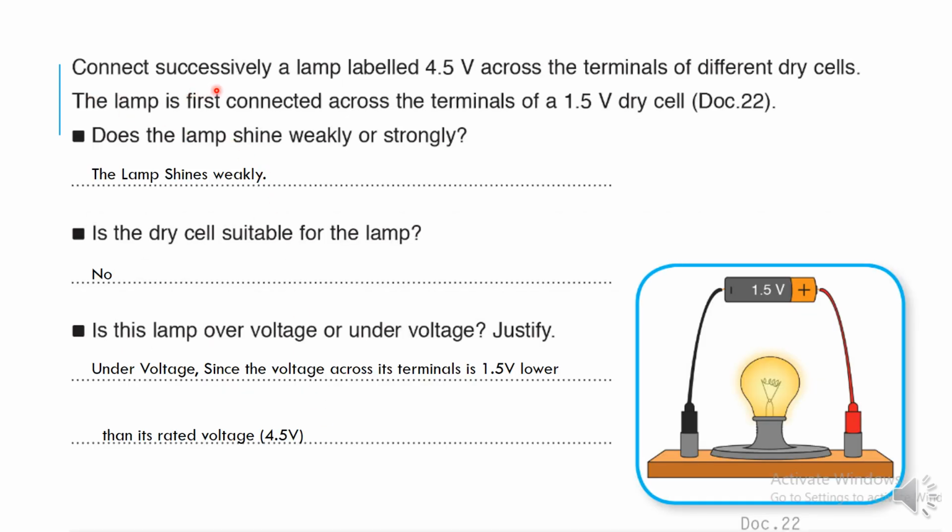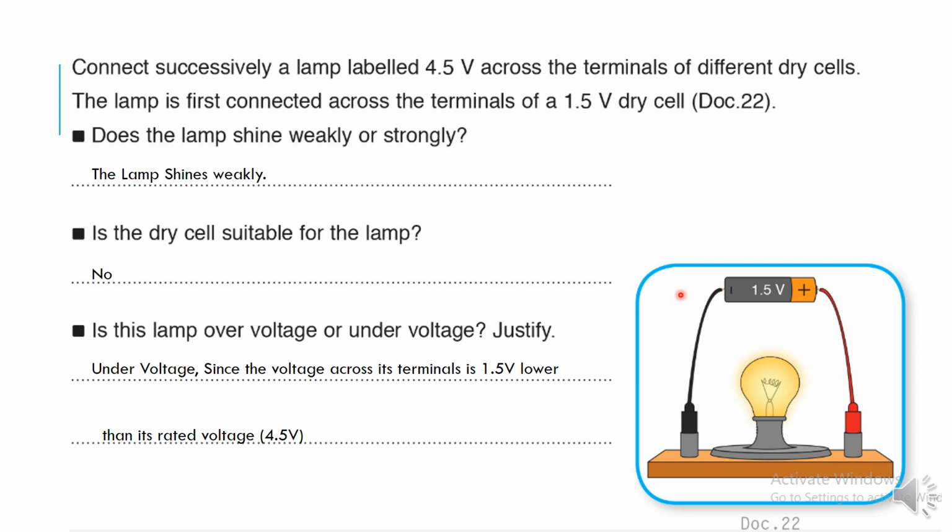So let's connect successively a lamp labeled 4.5 volts across the terminals of different dry cells. First, the lamp is connected across the terminals of a 1.5 volts dry cell, as seen in document 22. The rated voltage of this lamp is 4.5 volts. This lamp needs 4.5 volts to function normally.